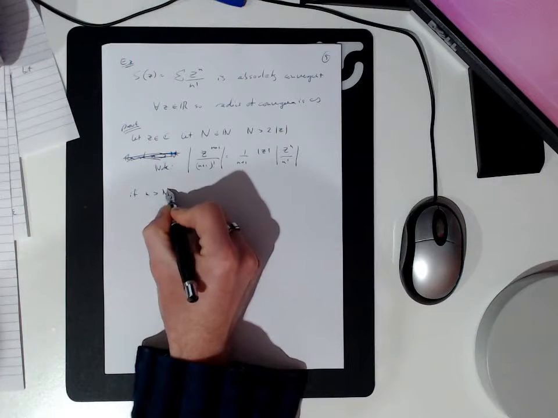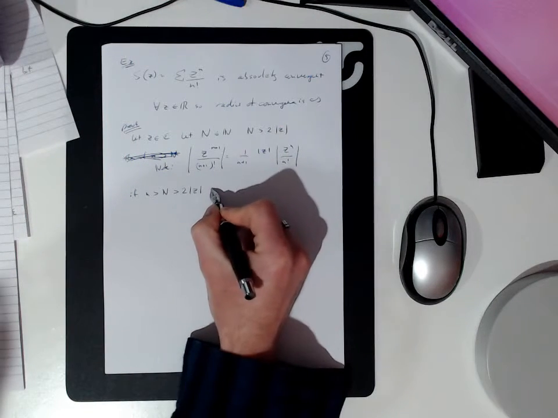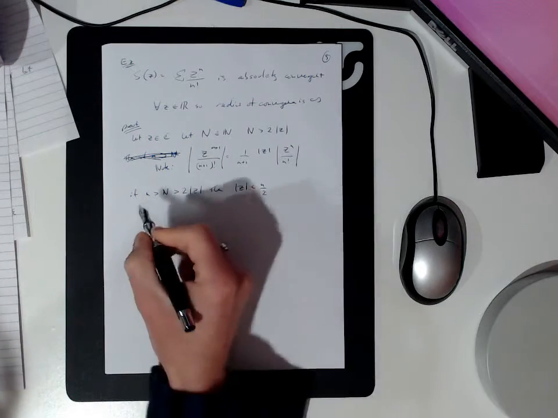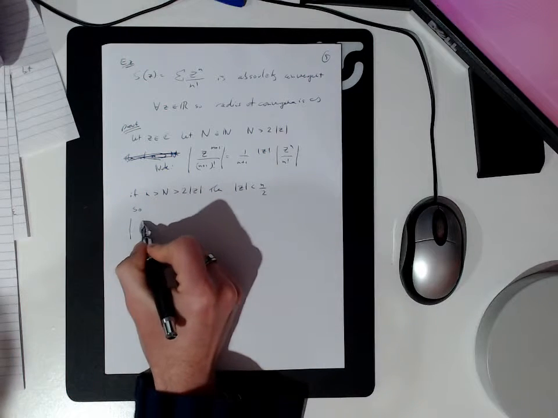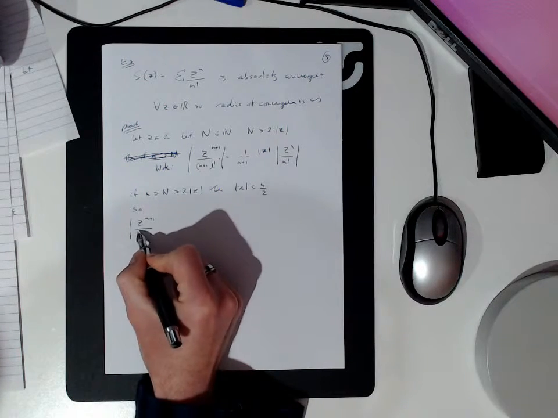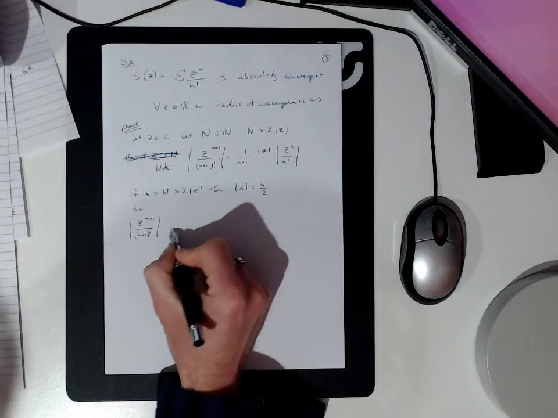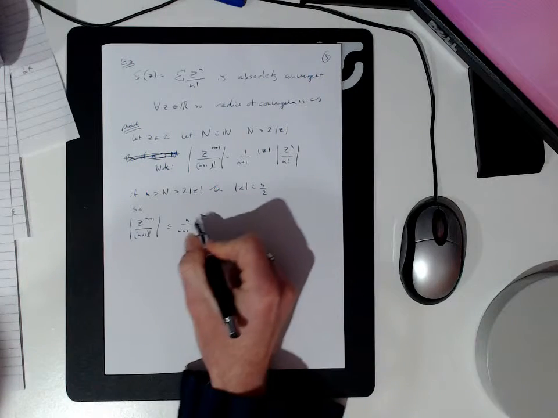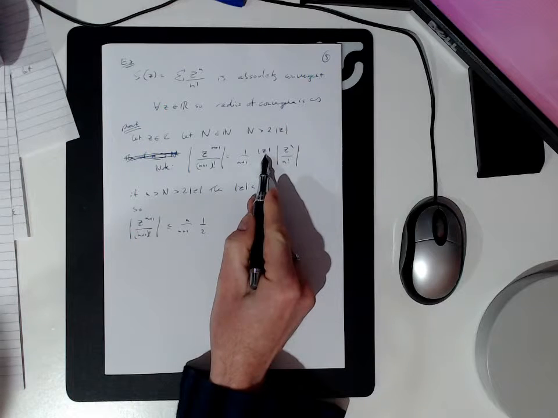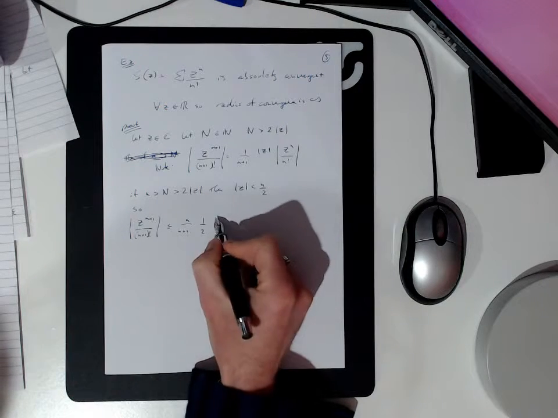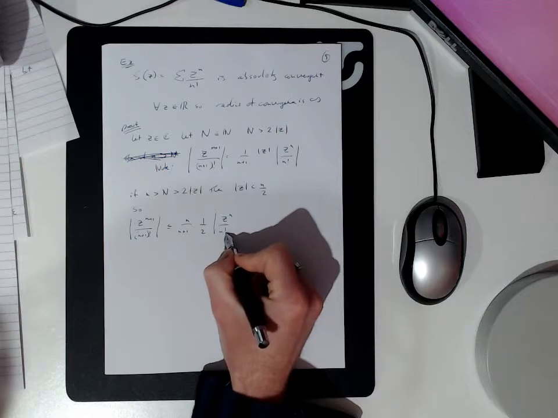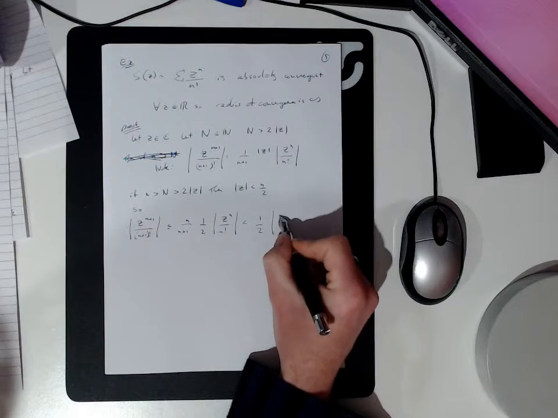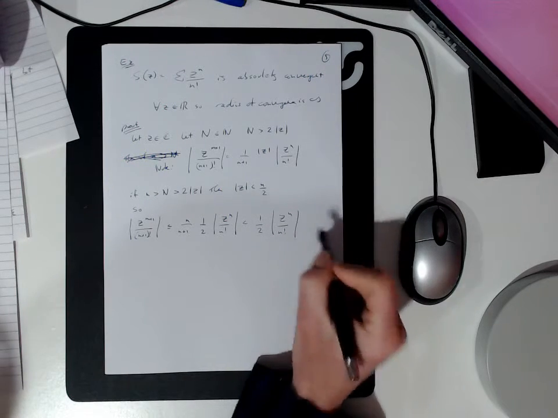As just a calculation, if n is bigger than N, which is of course bigger than 2 times the modulus of z, then the modulus of z is less than n over 2. So the modulus of z^(n+1) over (n+1) factorial is less than or equal to, and here we start working this stuff out, n over 2 over n+1, times the modulus of z^n over n factorial. The n over 2 comes from here, and that's the n+1. And this is less than 1, so that's less than a half times the modulus of z^n over n factorial.